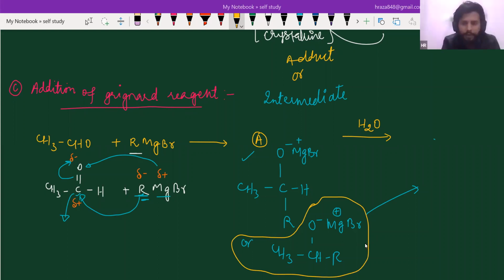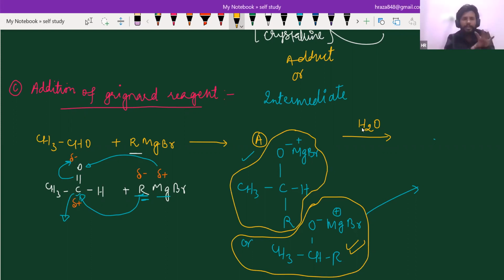Okay. So this is your adduct, or we also call it intermediate. Now, after this formation of adduct or intermediate, you are going to hydrolysis. Hydrolysis means reaction with water, and we know this water has two parts, H plus and OH minus. Now again, it's very easy.